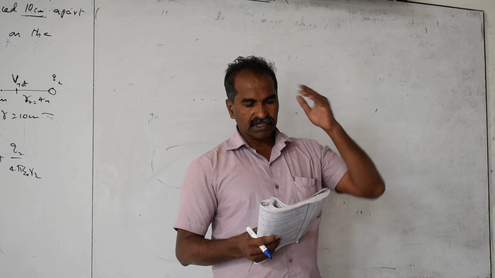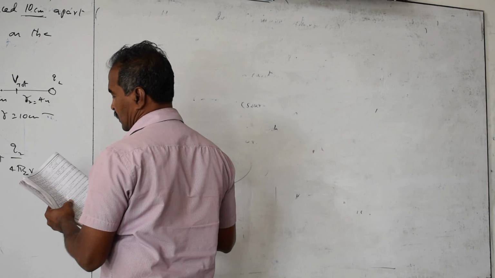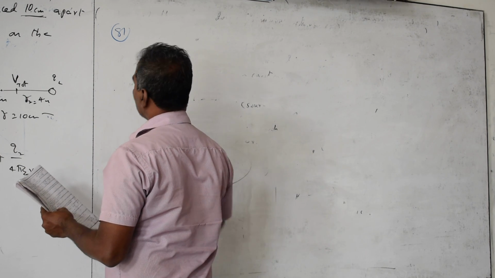Question number 81. Charge Q is present at each corner of a cube. It is a cube. Each charge is the same.